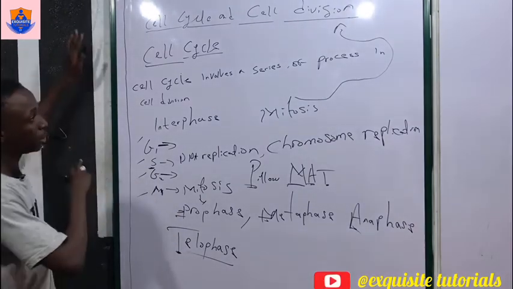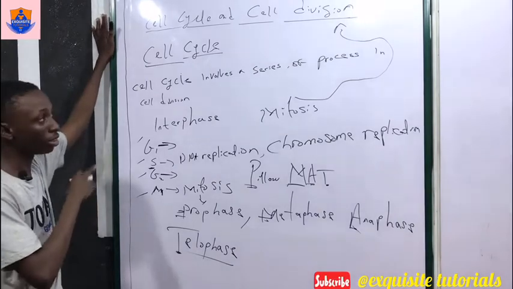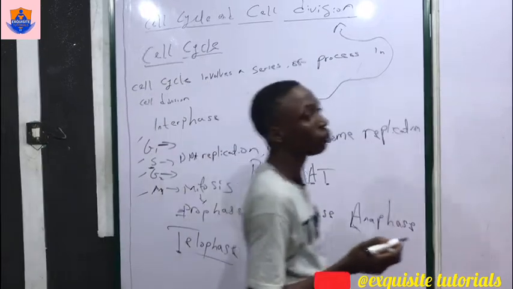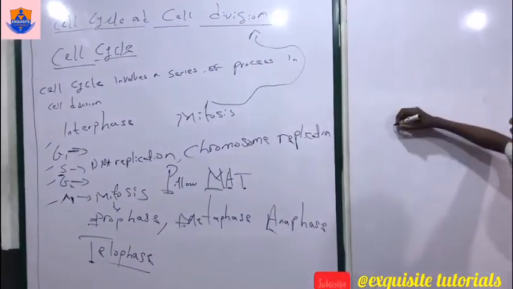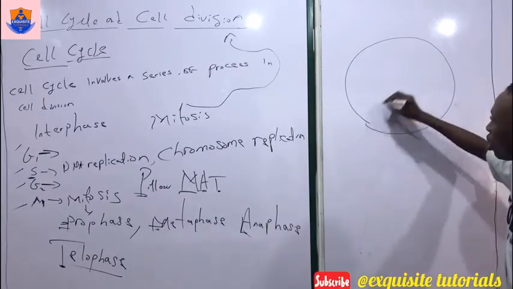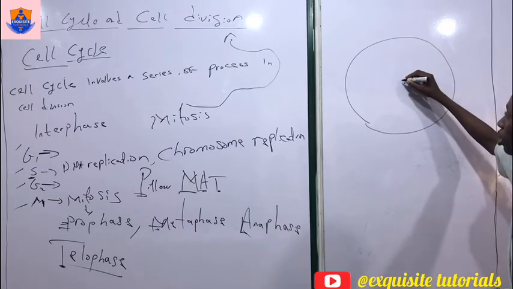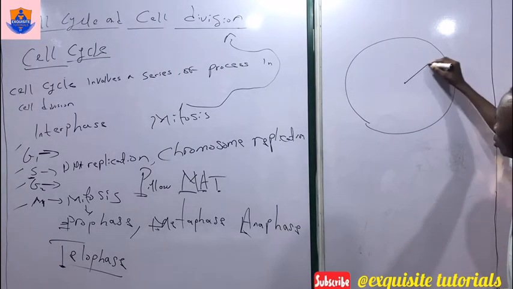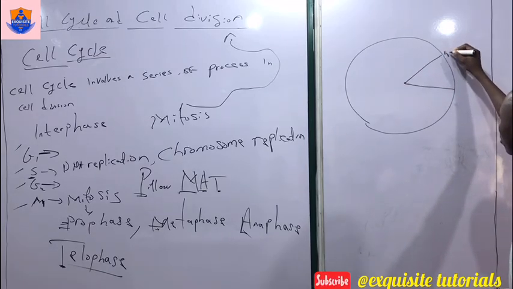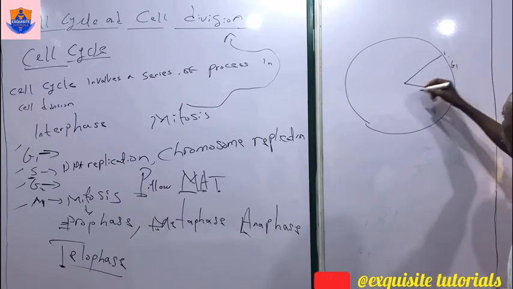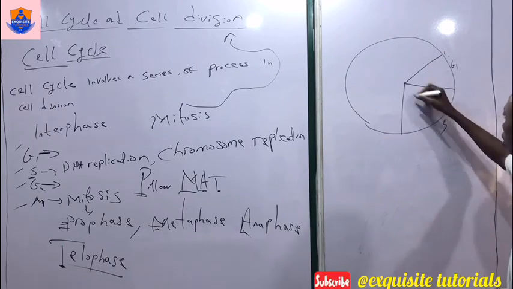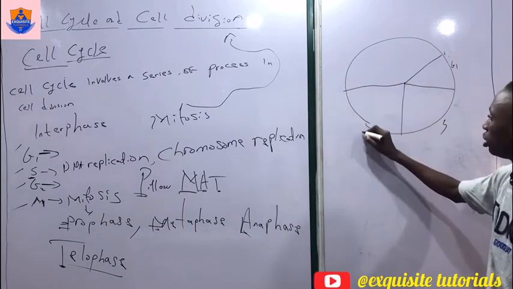Now, these are the basic stages involved in a cell cycle. If you want to represent this circularly, in case you want to remember, you can just create a circle and divide the circle into segments. We can call this the G1, we can call this the S, we can call this the G2.